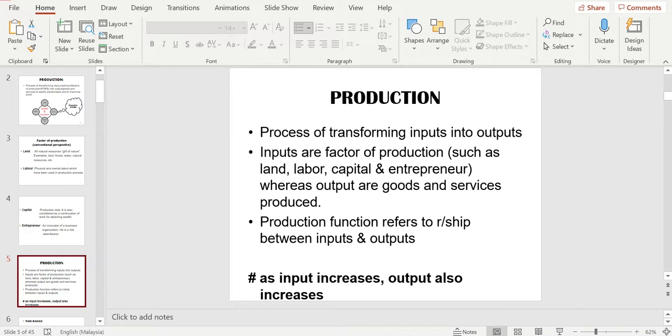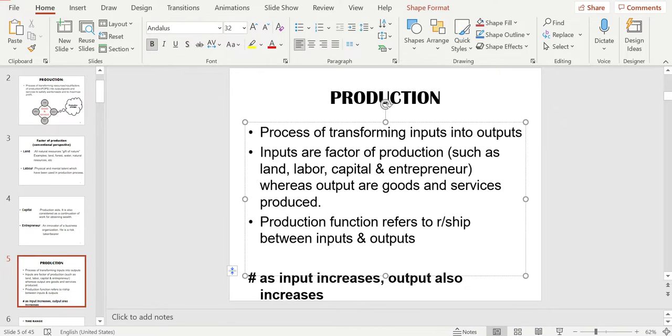Okay, and then we have the production function, and this production function refers to the relationship between the output and input. It is very simple.